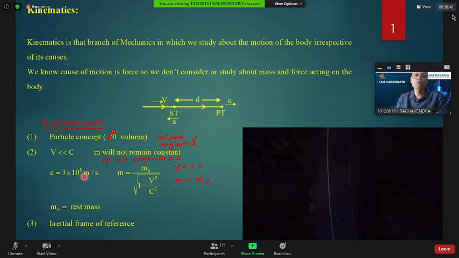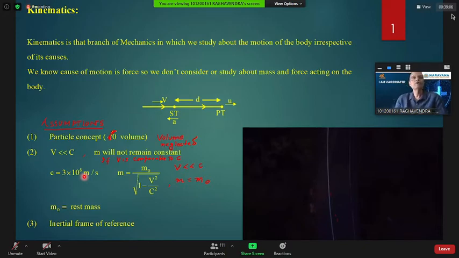But if you go towards fundamental particles like electron, proton, neutron, they are always traveling with tremendous speed. That speed you cannot neglect in comparison to c. So Newtonian mechanics you cannot apply for those fundamental particles. It is another issue that we are applying it at an intermediate level.